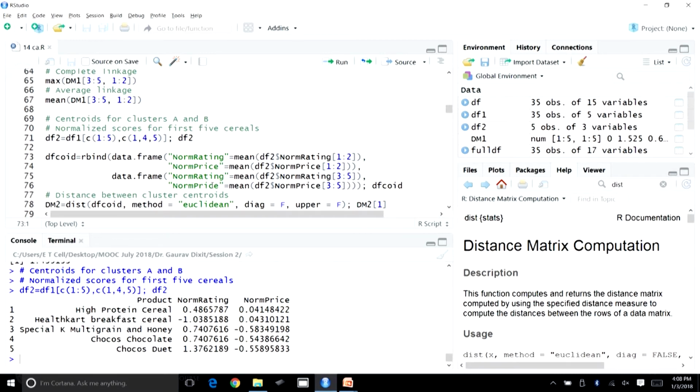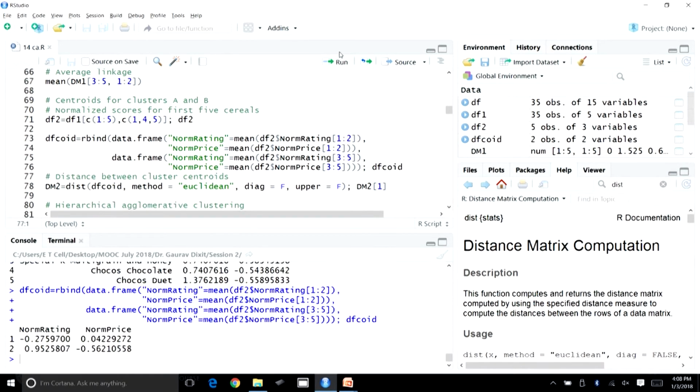For these two variables, rating and price, we will get the mean values, and this computation will give us the centroid for the two clusters. So let us run this code. Now you can see row number 1 is giving us the centroid for cluster A, and row number 2 is giving us the centroid for cluster B.